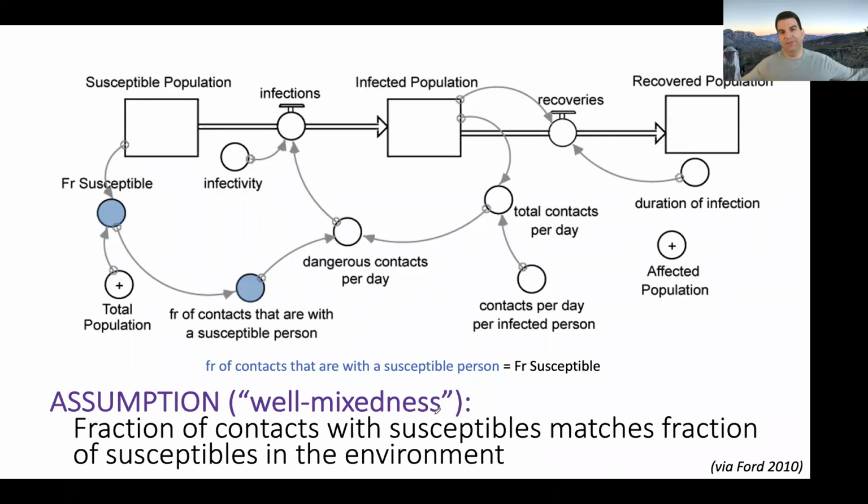So if no one's quarantined, everybody's bumping around, and 40% of the population is susceptible, then we're assuming that if I'm infected and bump into someone randomly, there's a 40% chance that person is susceptible. That is the so-called well-mixed assumption. We're assuming the population is well mixed, not quarantining people so that infecteds only interact with infecteds and susceptibles with susceptibles.